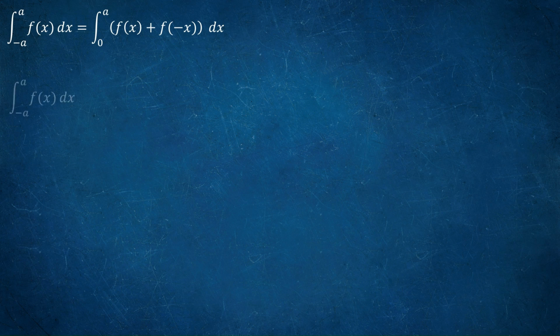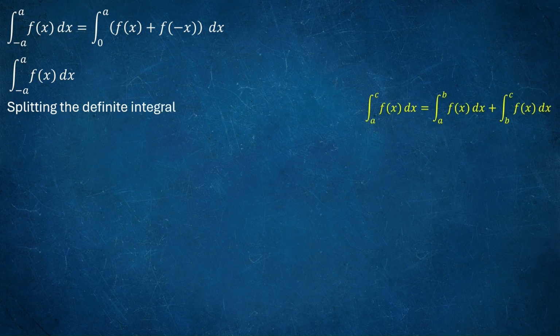We take the integral on left hand side and split the integral using the property the integral from a to c f of x dx is equal to integral from a to b f of x dx plus integral from b to c f of x dx, provided the point b is between a and c.